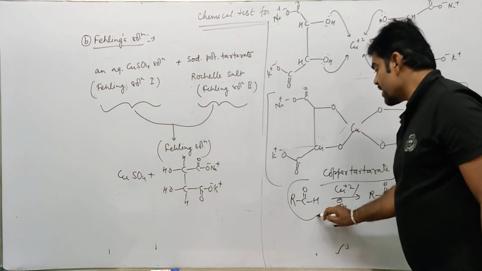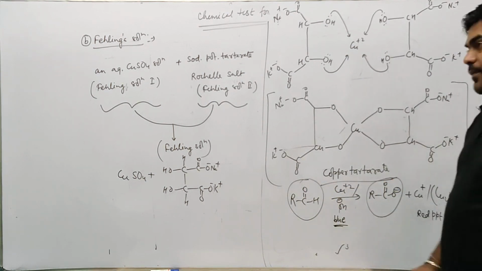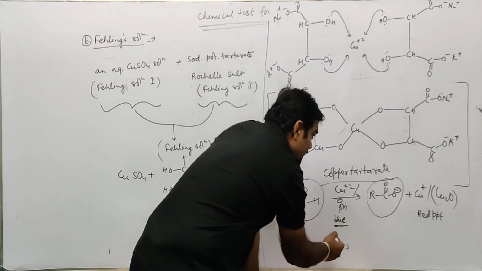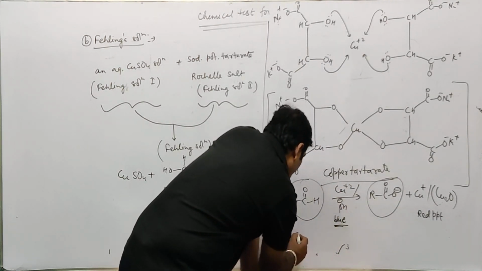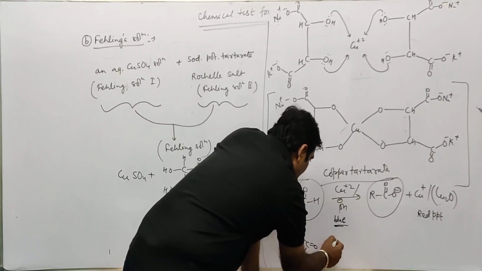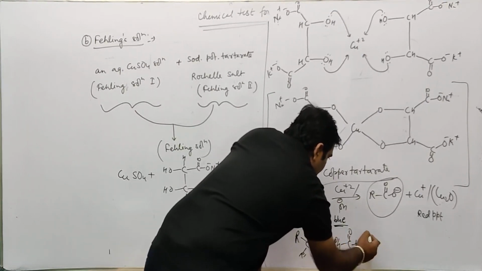So the aliphatic aldehyde is oxidized to the corresponding carboxylic acid salt. Since it is a mild oxidizer, ketone, RC double bond O R', and aromatic aldehyde will not be oxidized.